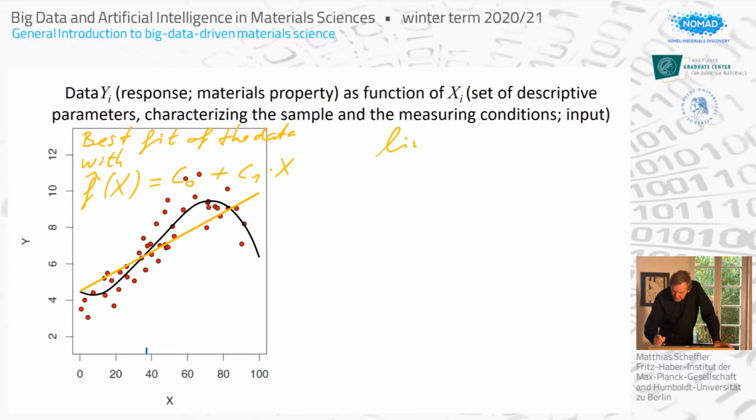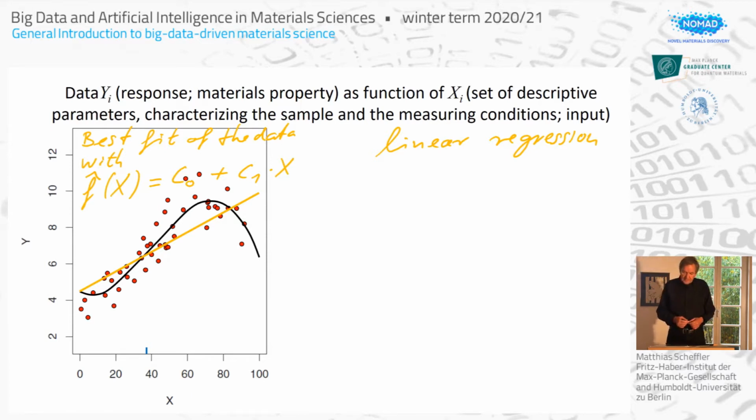This is what is called linear regression. This is a fit to all data points by a straight line. It has two coefficients, c0, which is the intersection of the y-axis, also sometimes called the bias, and a second parameter, c1. In principle, of course, if you would just have two data points, we could determine these parameters. Now we have many data points, and so we want to have not an exact determination, but of course the best fit.